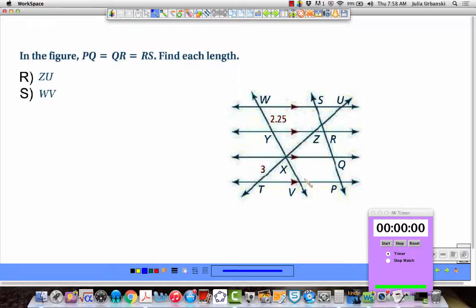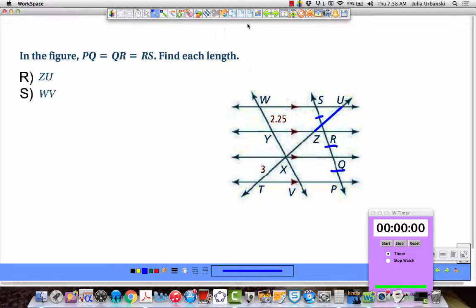These lines are parallel, and you're told that PQ is congruent to RQ, which is congruent to RS. You're told that. Okay, so ZU is right here. Z. ZU. What would that be equal to?